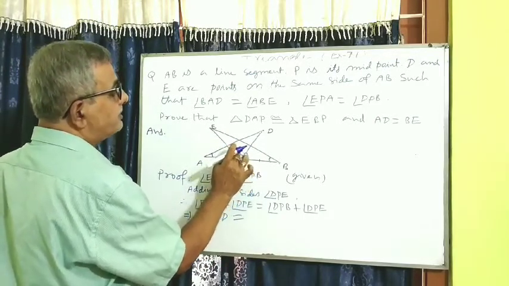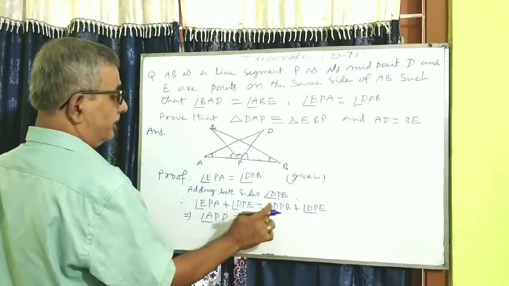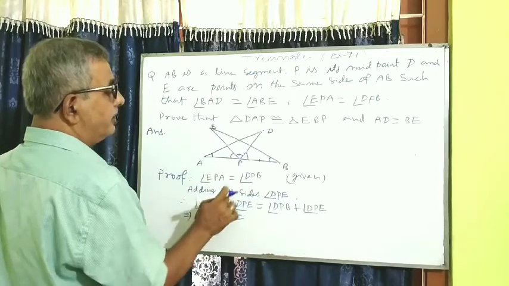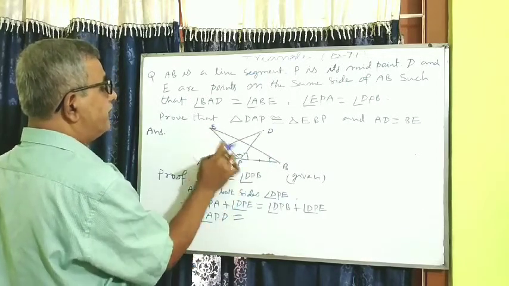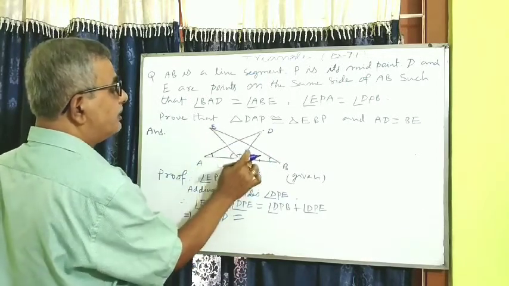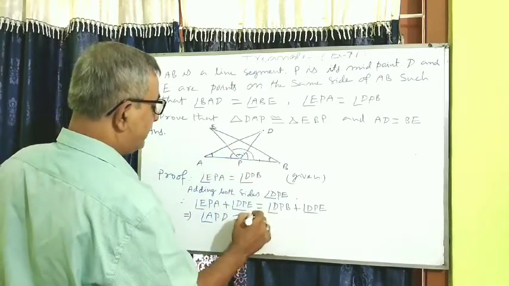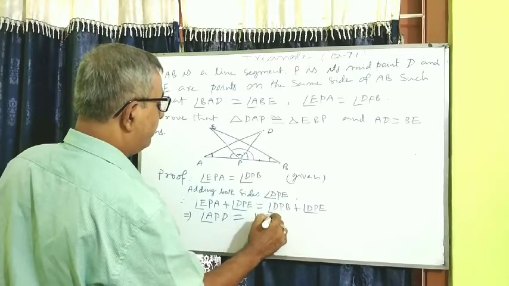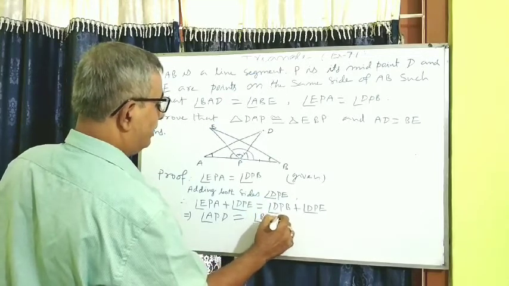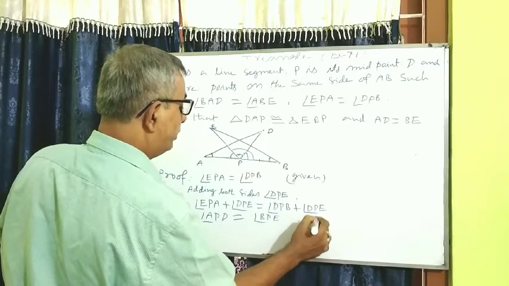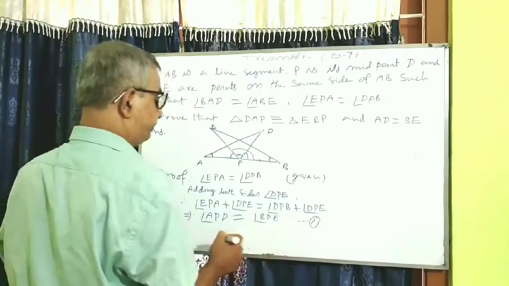This angle plus this angle: DPB means this angle, DPE means this middle angle. So this plus this, you can write this whole angle. So you can write angle BPE. Equation 1 you keep in hand.